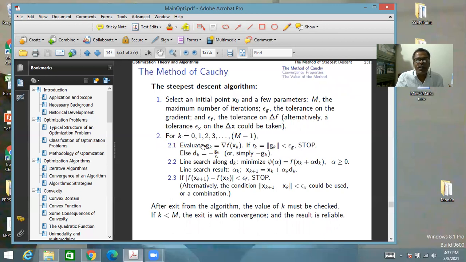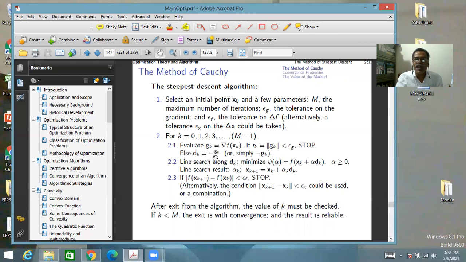And iterations have very straightforward steps. Evaluate the gradient. If its norm is extremely small, then stop. We have already converged. Otherwise, take its negative or the normalized negative as the line search direction.